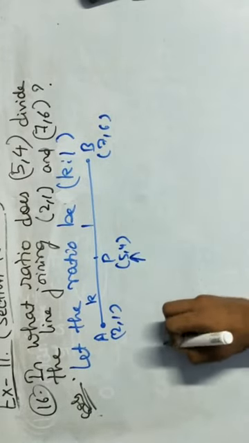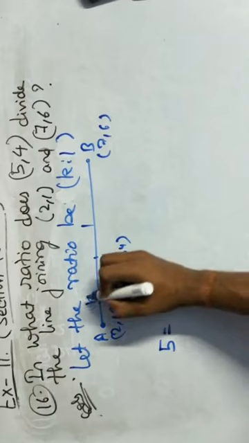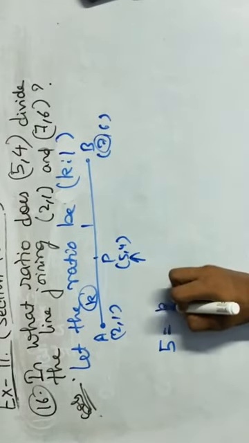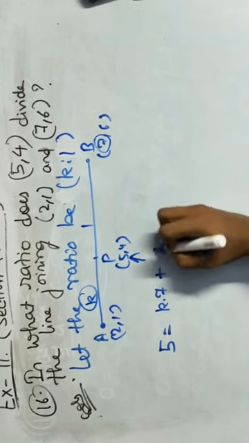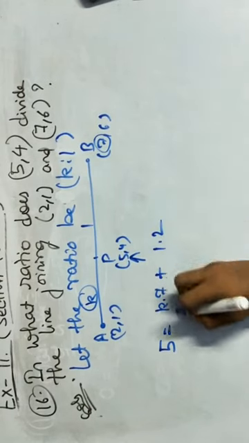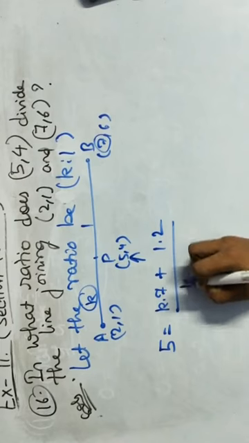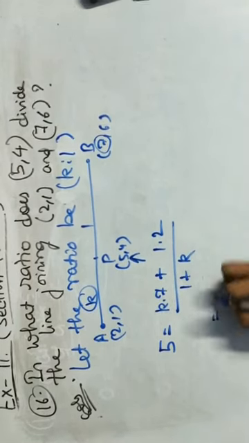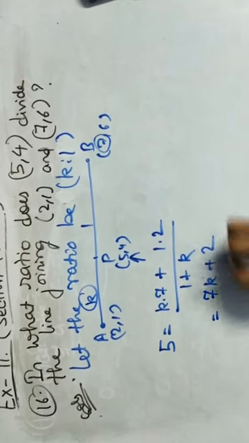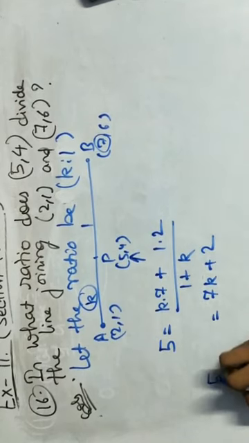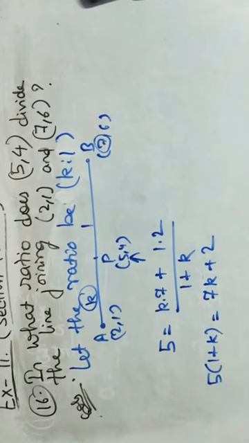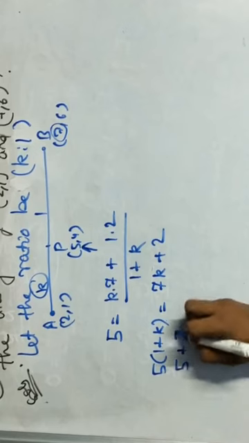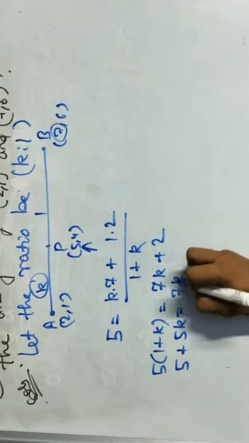Let's take x coordinate. So 5 must be equals to k into 7 plus 1 into 2 by 1 plus k, the sum of the ratio. So 7k plus 2 equals to 5 times 1 plus k. So 5 plus 5k equals to 7k plus 2.